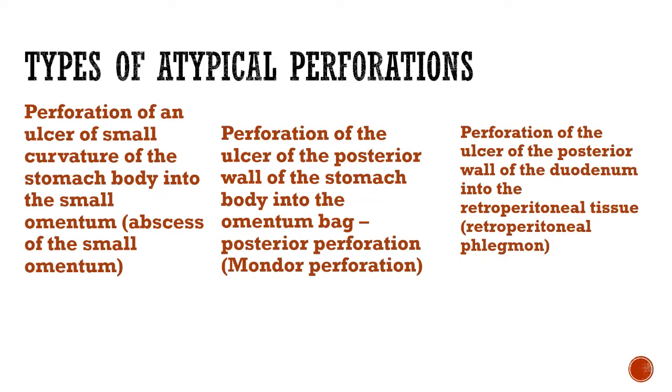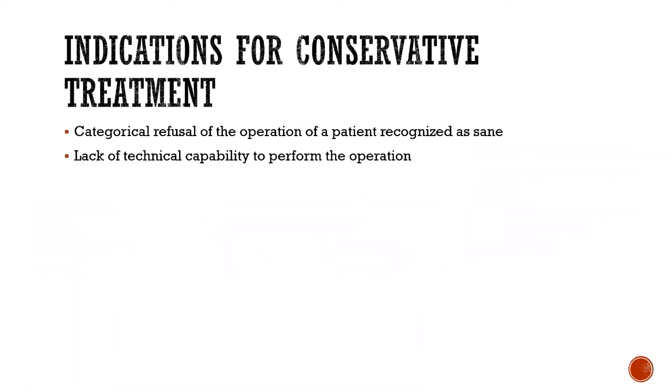But we speak today about typical perforations and the treatment. In some cases, when the perforation is not more than half a centimeter, without peritonitis, in the initial stages, within 2 hours from the moment of perforation, the perforation can be treated conservatively.